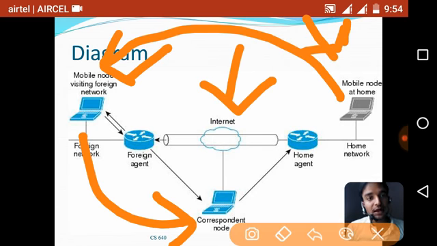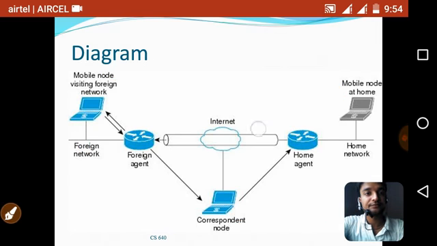So how will you be able to communicate with this correspondent node? Because the correspondent node will send messages meant for you to the home node's IP, but your IP has been changed. So how will the communication be done? Let's see it step by step.